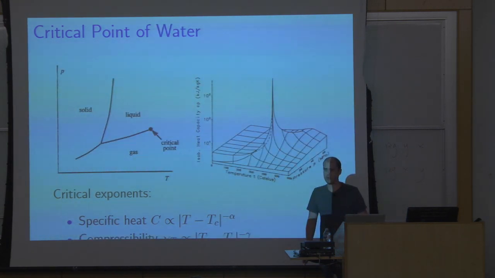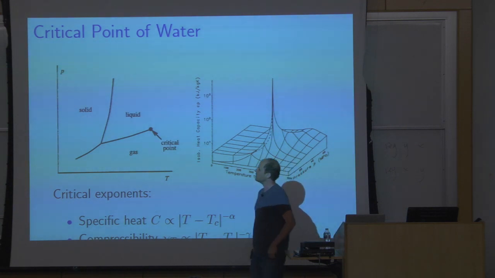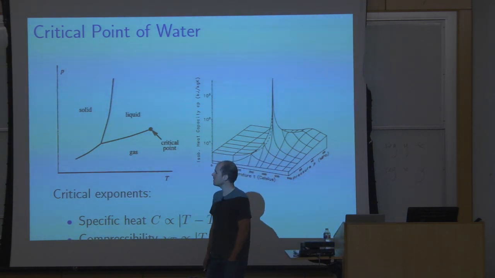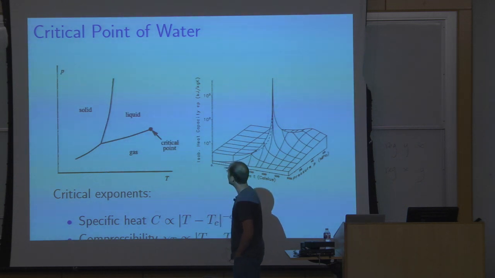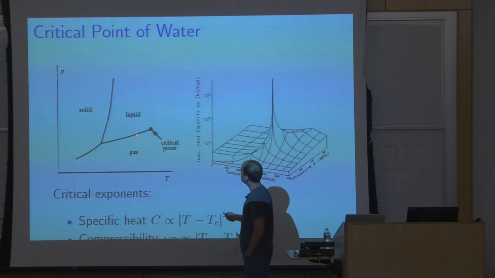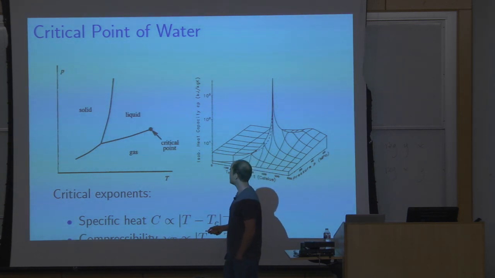There's another example of a critical point that's pretty famous, which is the critical point of water. So we're most familiar with water in this region of the phase diagram. So the idea is that normally water is either a liquid or a gas, depending on the temperature.